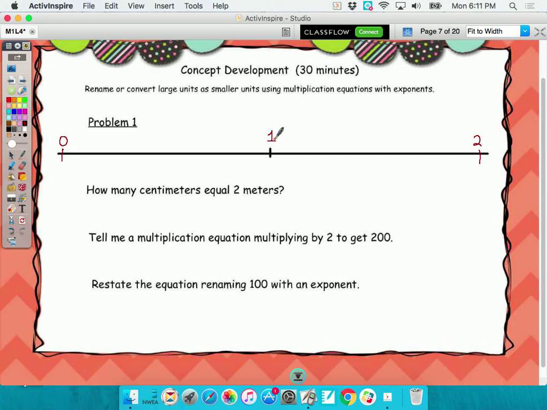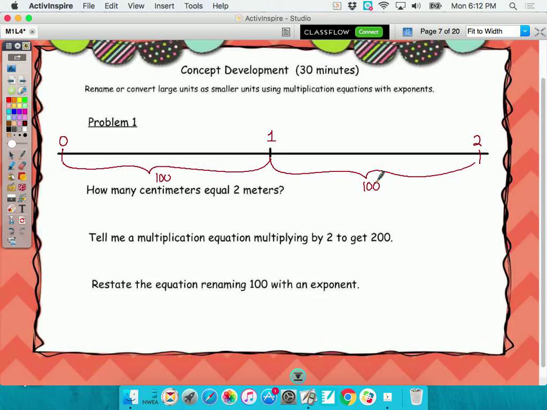Now, if I were talking centimeters, and you're going to picture a meter stick in your head right now, that has 100 centimeters. So I would, and you don't have to write this, but we've got 100 centimeters here and 100 centimeters here.